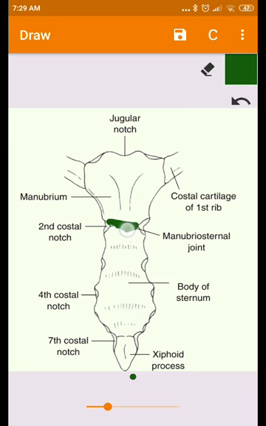This joint is a synchondrosis type of joint, that is, a joint in which a fibrocartilaginous disc is present in between them. Hyaline cartilage covers the articulating ends of the manubrium and the sternum.